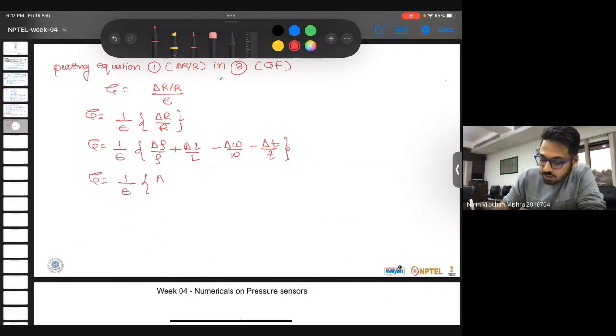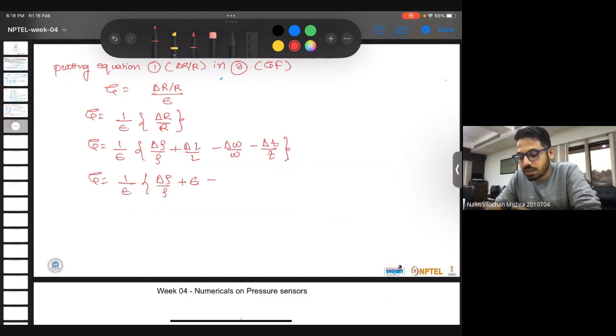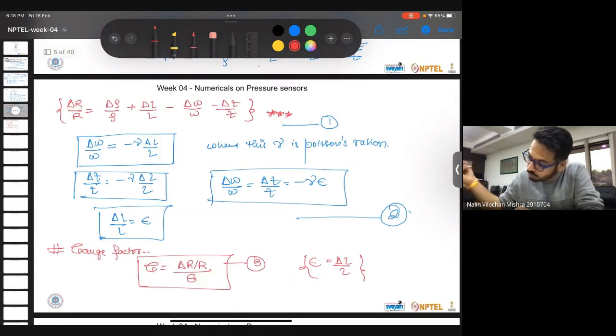Also, we know that this change in L by L can be written as strain, and these terms change in width by width and change in thickness by thickness can be written in terms of strain like this, from equation 2.